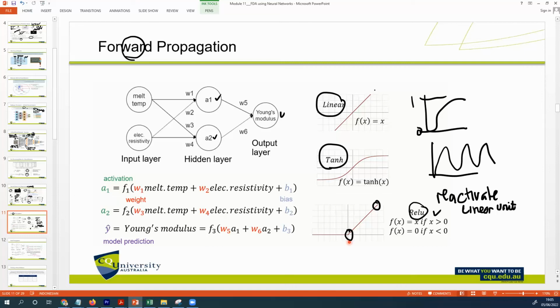Linear just goes up, unstoppable, while the data may want the model to look like this. So ReLU is the most requested one for the neural network. Rectified linear unit.